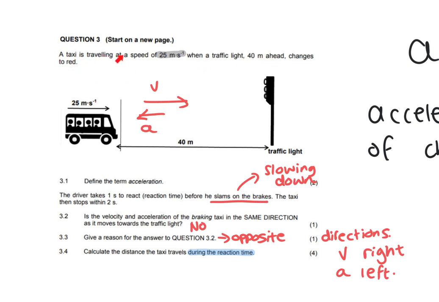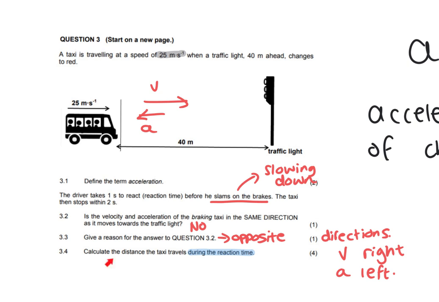So it's currently traveling at 25 meters per second. And it says it takes 1 second to react. So the question here is, what is the distance traveled between the time that he sees the red light and the time that he reacts? Therefore, our time is going to be 1 second, not 2 seconds.